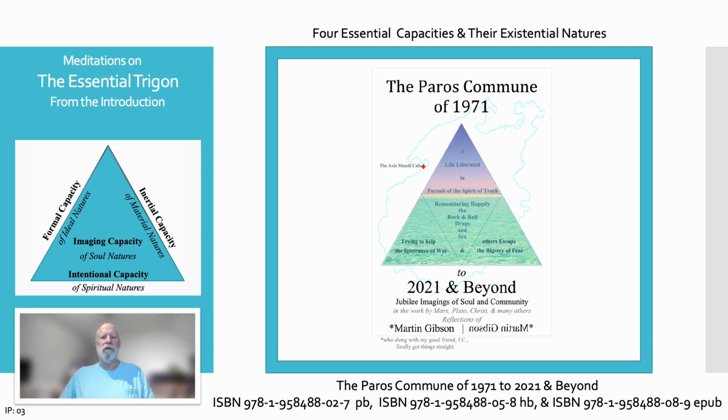With this third part, the final tome became the Paris Commune of 1971 to 2021 and beyond. Here shown with the appropriate ISBN numbers, all in hardback, paperback, and EPUB form.